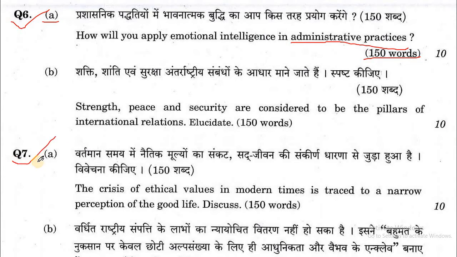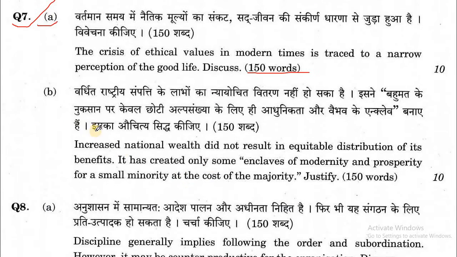Question number 7. A. The crisis of ethical values in modern times is traced to a narrow perception of the good life. Discuss. 150 words and 10 marks. 7B. Increased national wealth did not result in equitable distribution of its benefits.